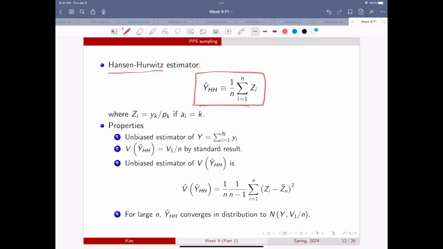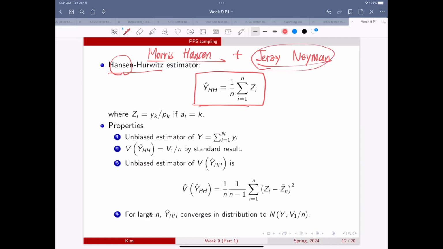So Hansen is Maurice Hansen. Did I talk about Maurice Hansen on the first day? No? Okay. So Maurice Hansen is really an innovator. He's a kind of George Neyman, right? George Neyman is a professor at UC Berkeley.